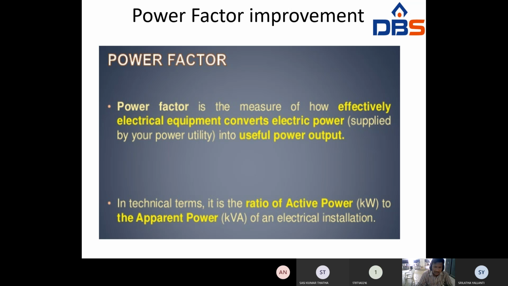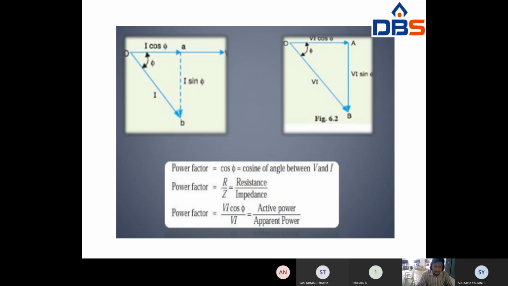You have to draw the diagram. Look at figure 6.2. OA is VI cos phi, which is the active power. AB is VI sin phi, which is the reactive power, right? And VI is the apparent power.